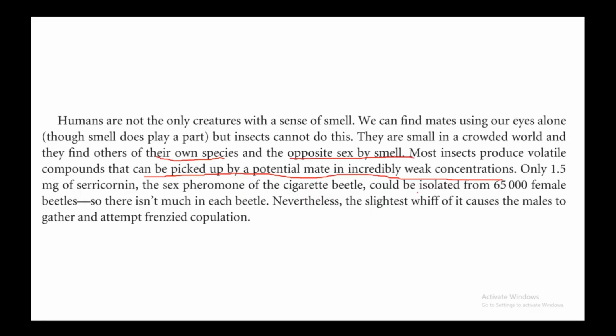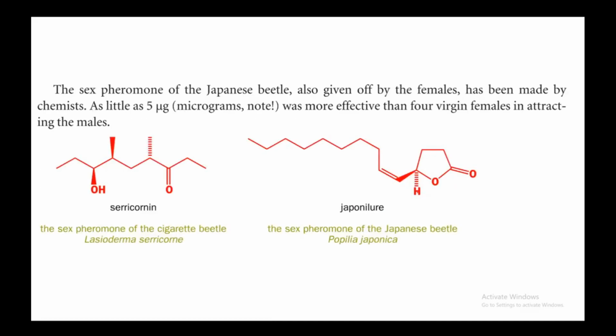Nevertheless, the slightest whiff of it causes the males to gather and attempt frenzied copulation. The sex pheromone of the Japanese beetle, also given off by the females, has been made by chemists. As little as 5 micrograms was more effective than 4 virgin females in attracting the males.